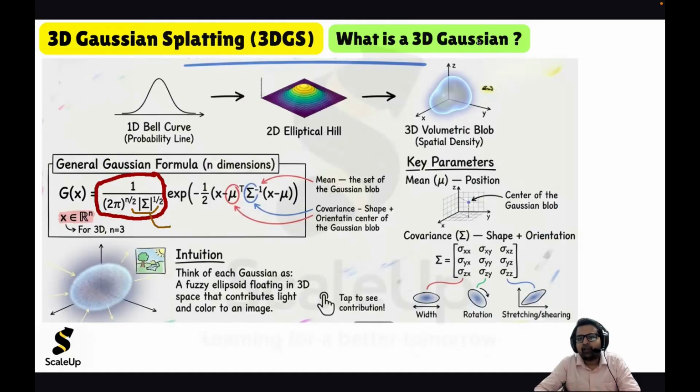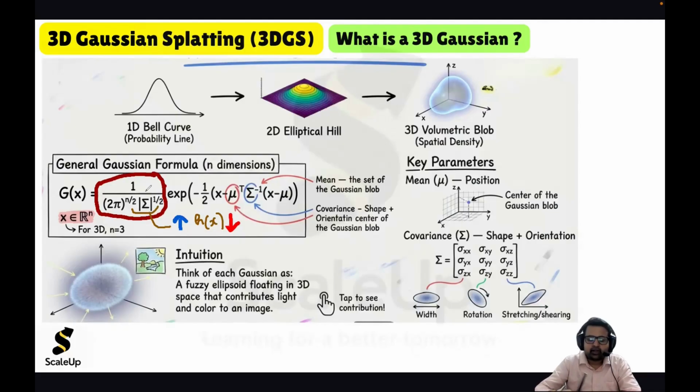Because of that, when the value of this determinant is high, since it is in the denominator, the value of gx will be low. It is an inverse relation. So when this determinant increases, the gx will decrease.